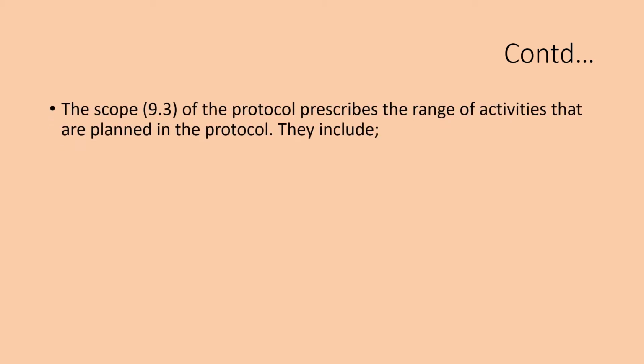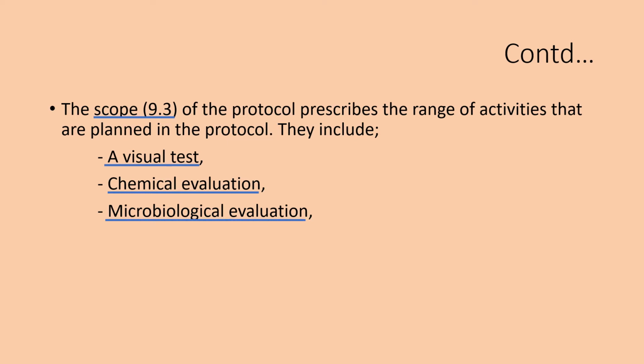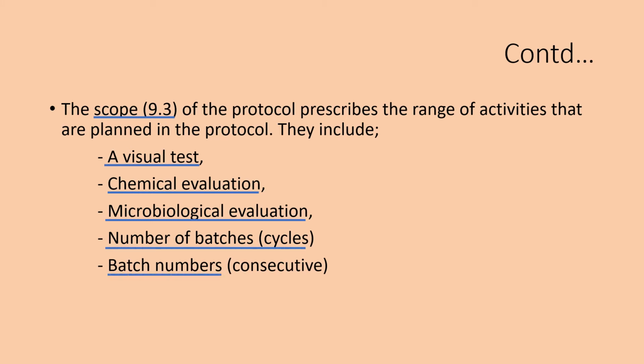The scope, 9.3, of the protocol prescribes the range of activities that are planned in the protocol. They include a visual test, chemical evaluation, microbiological evaluation, number of batches or cycles, batch numbers, consecutive, and analytical method.